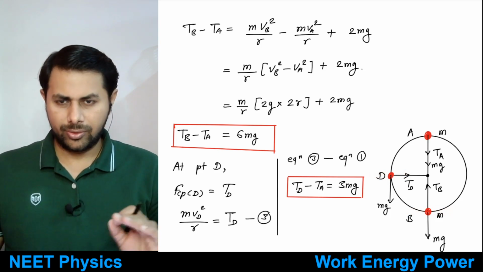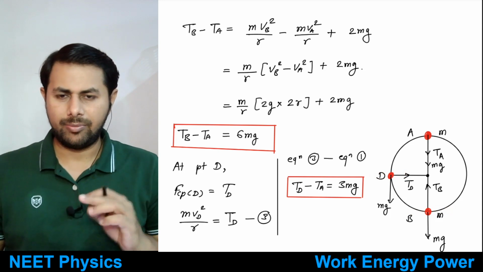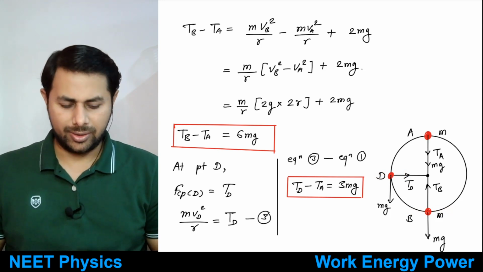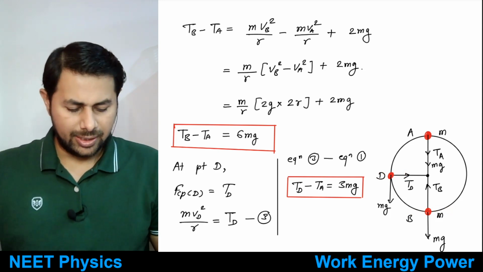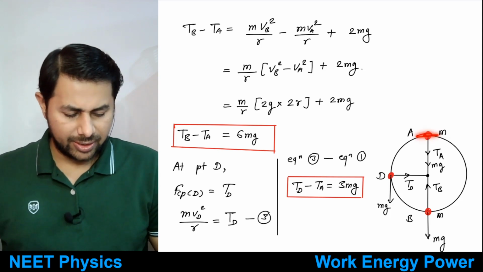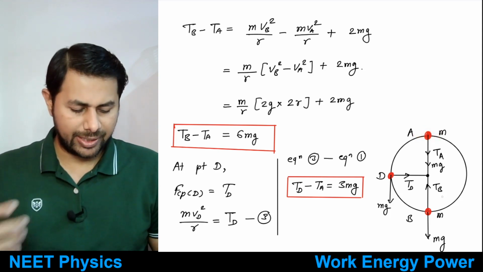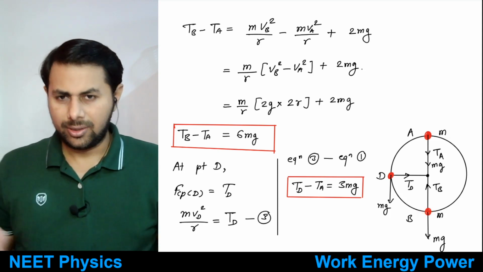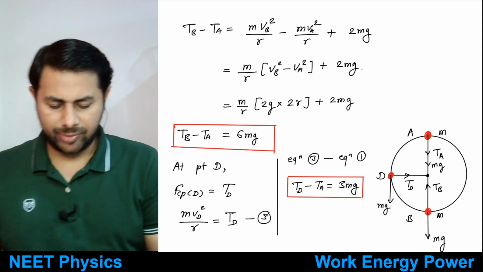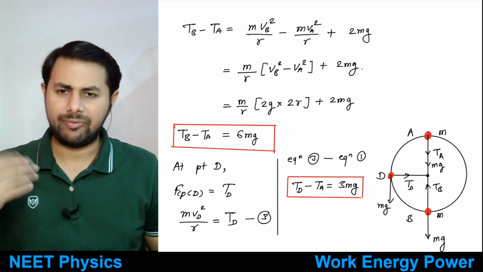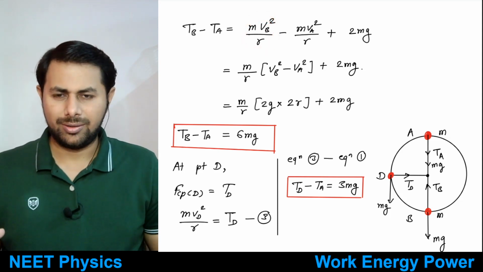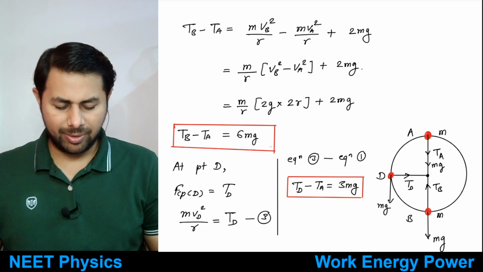Now notice that we haven't taken the minimum speed here. We didn't consider the minimum speed at A, minimum speed at point B, etc. For any speed, because we just took the general formula mv square by r, this is applicable for any speed.